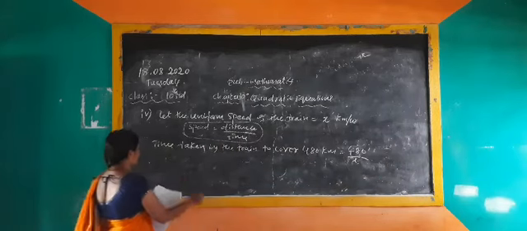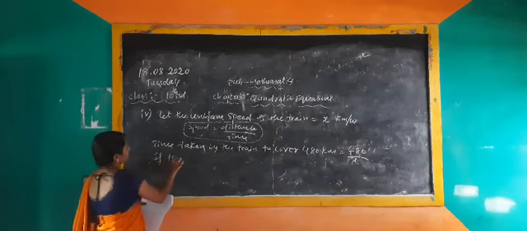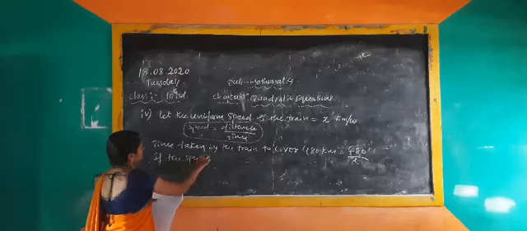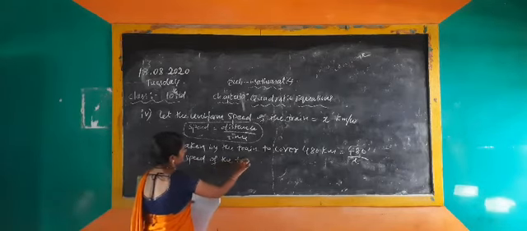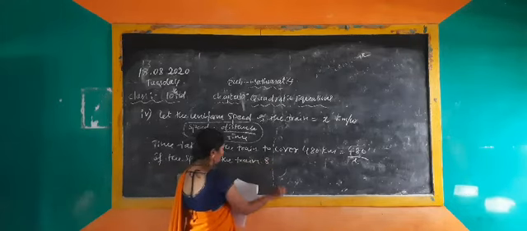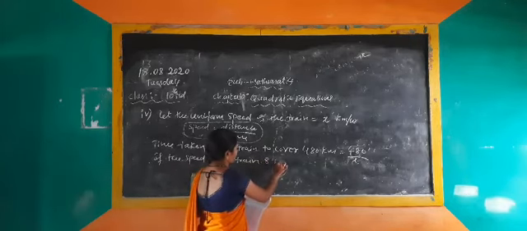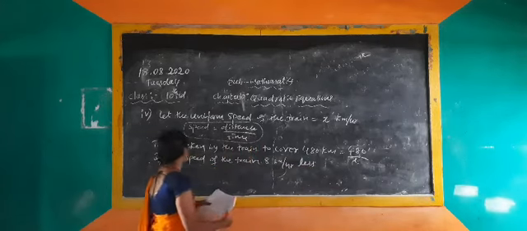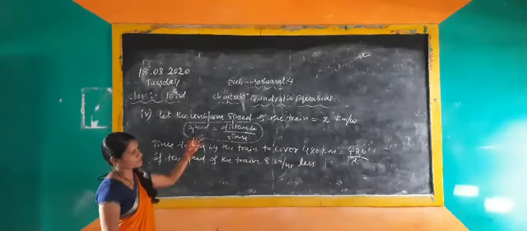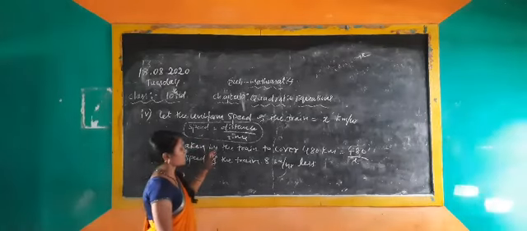Next, if the speed of the train, again what they have given, is 8 kilometers per hour less. Here, first they gave 480 distance, and the speed of the train they don't know.